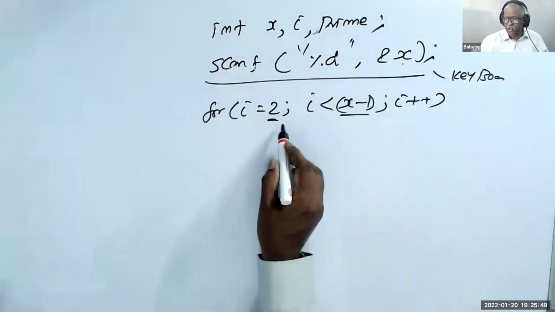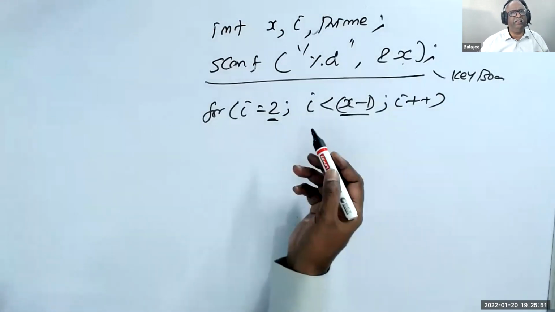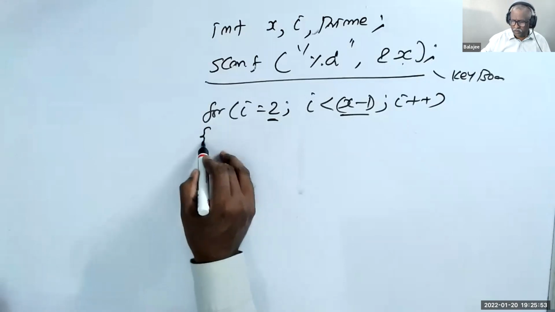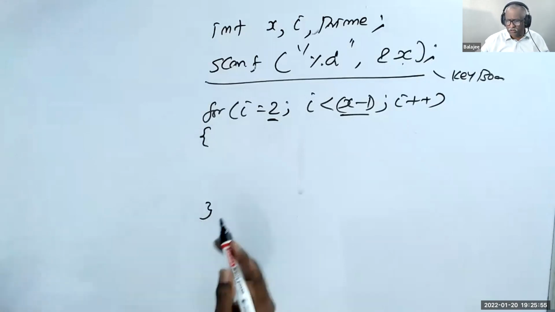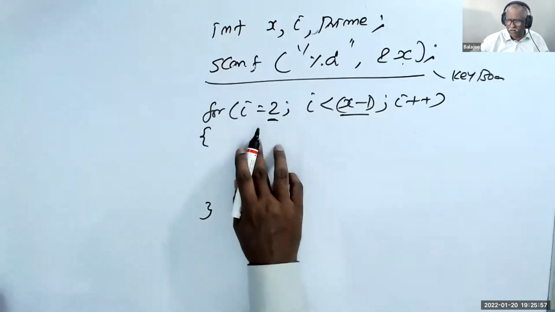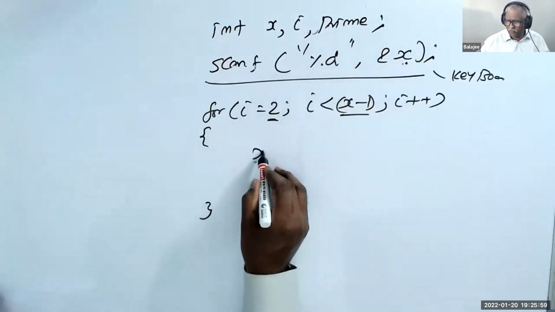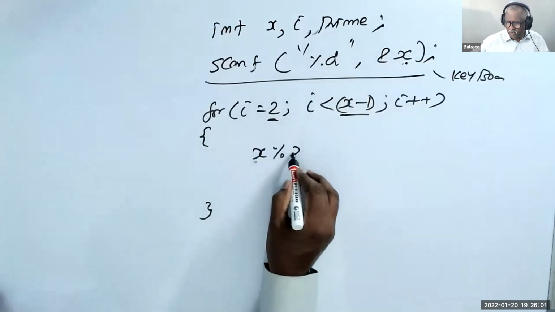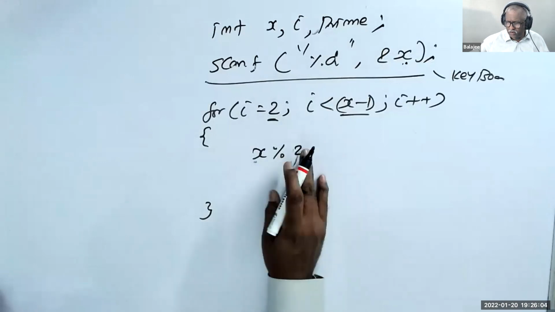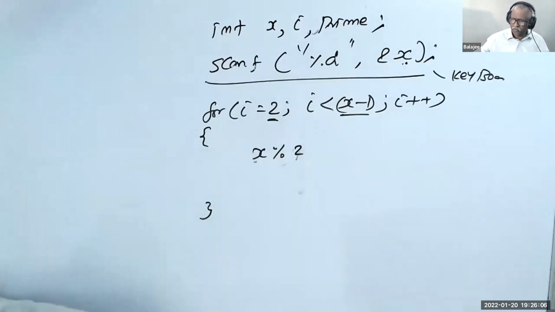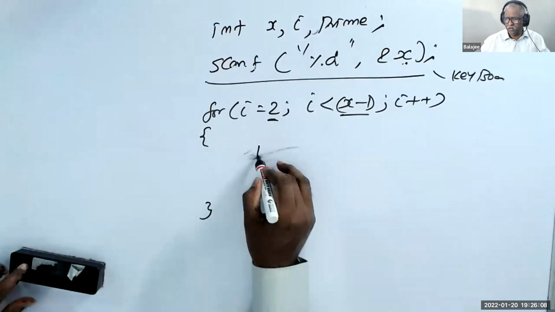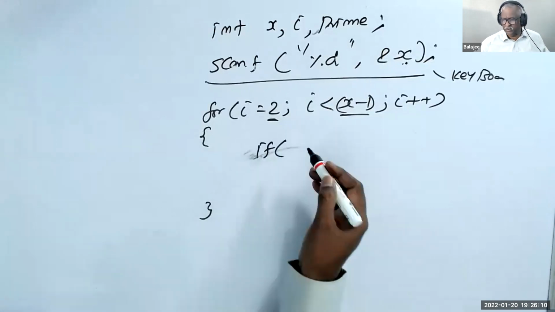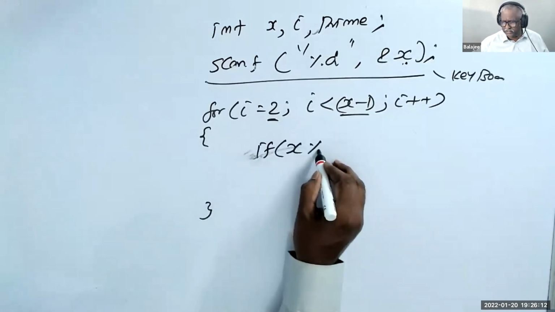That means that if you don't get any factors, then it's a prime number. How do you find this a factor or not? I am dividing the number, what I got, with 2 to that minus 1. I'm writing it for the function, so don't get confused why I'm writing it once again.